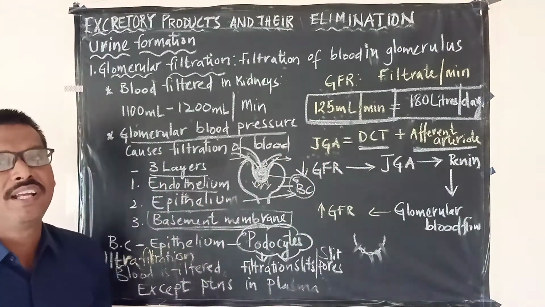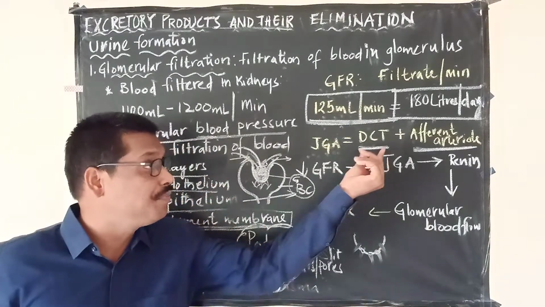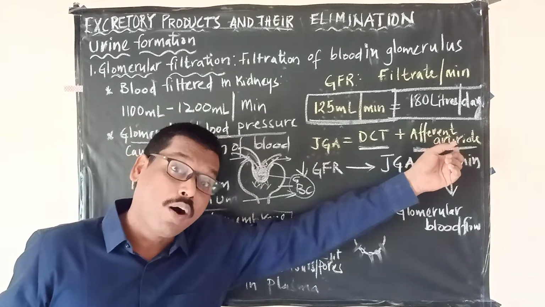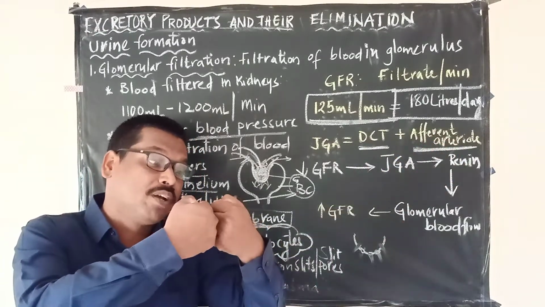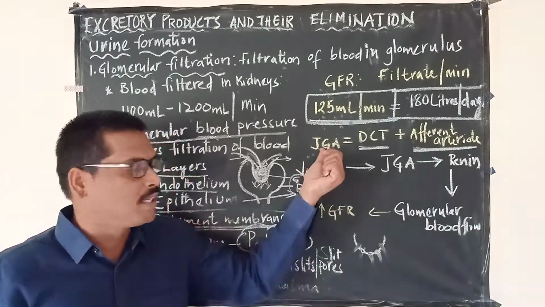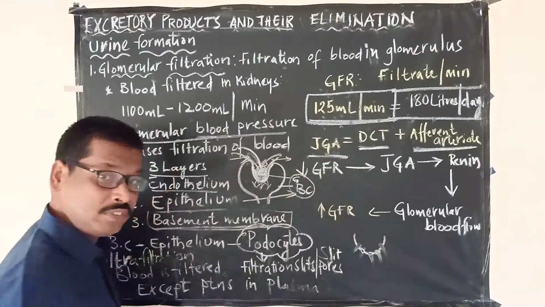Let me be clear: a few cells of the DCT and a few cells of the efferent arteriole will be closely connected with each other. When they are closely connected, that area where they are connected is called what?